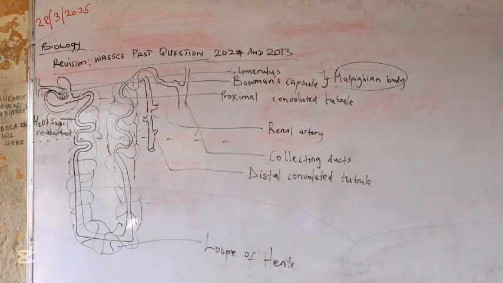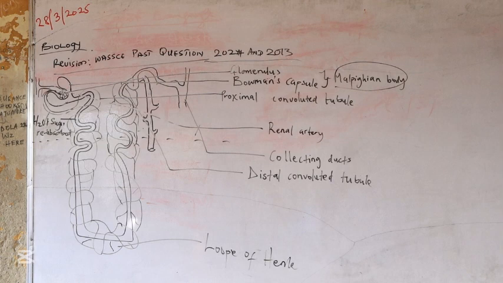So that will result in reabsorption of water. Then we have what we call the osmotic nerve, being caused by the osmotic process, which will now send a message to a part of the brain. And that part of the brain is what we call the hypothalamus.